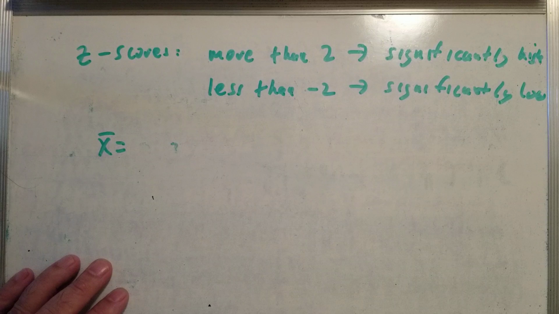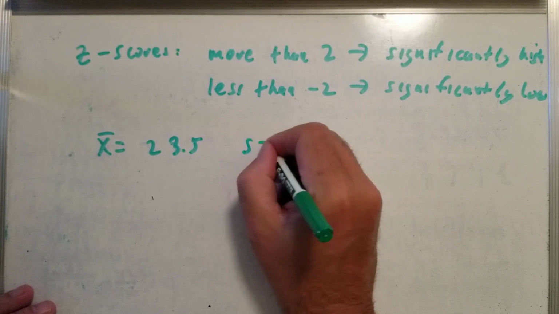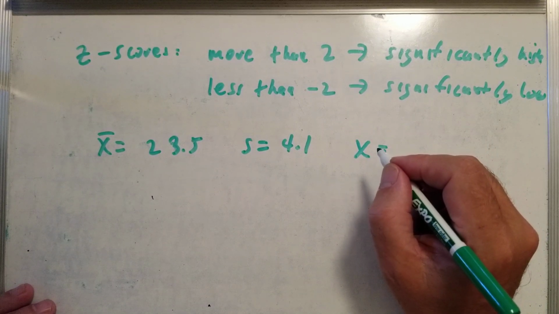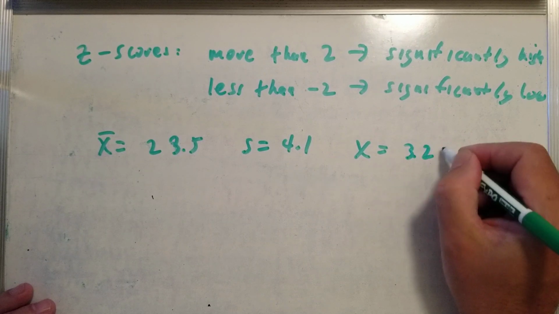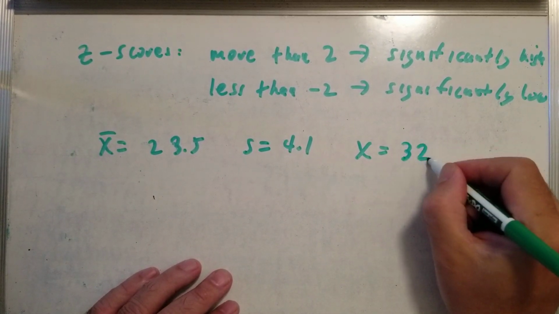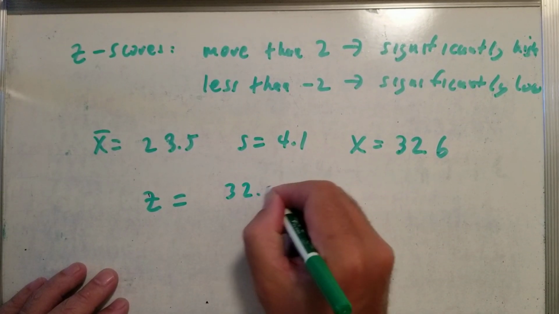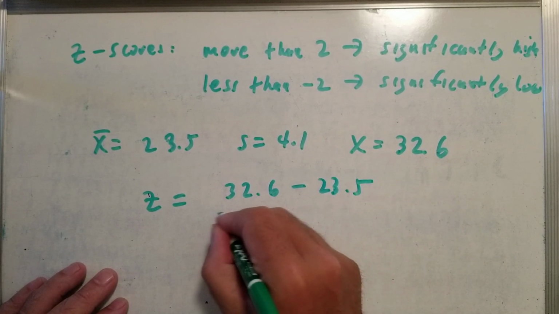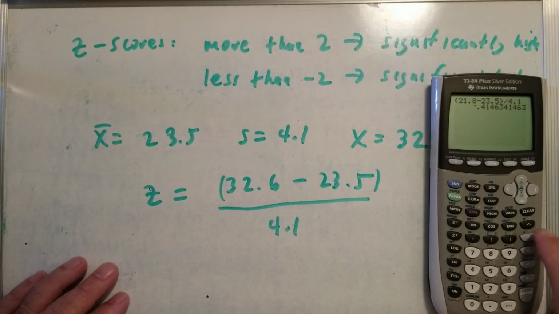So for example, in the previous example, I had x bar equals 23.5 and s was equal to 4.1. Suppose I gave a data value x equal to 32.6. The z-score for that would be x minus x bar, 32.6 minus 23.5, divided by 4.1, with the parentheses for the calculator.